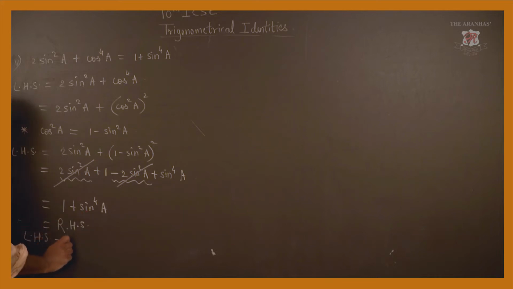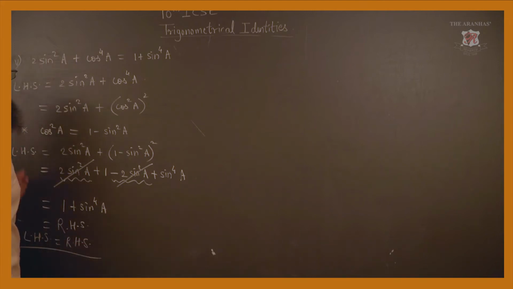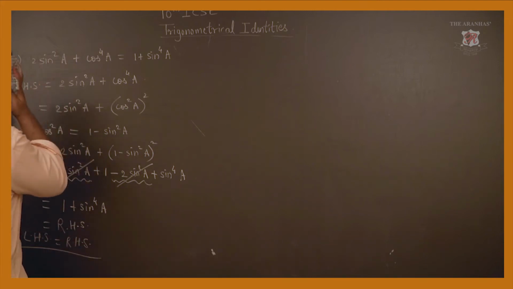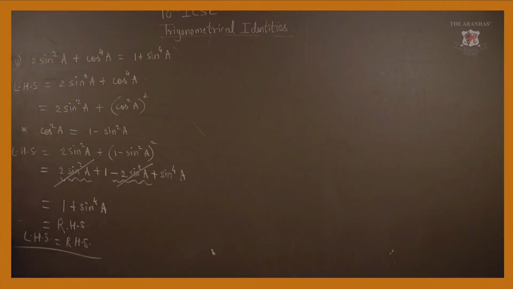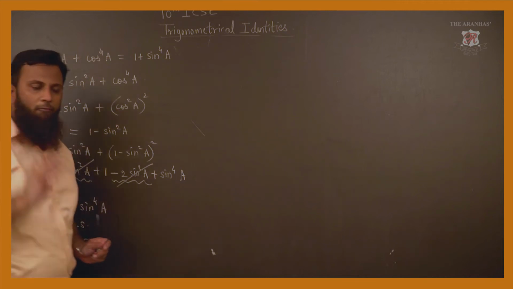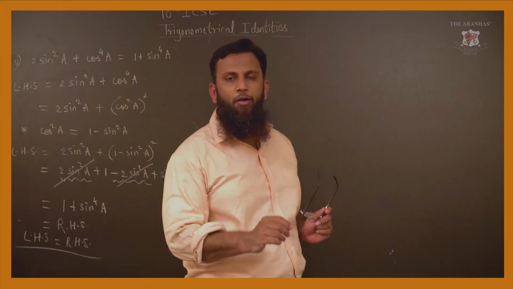So, LHS is equal to RHS. So, if you observe, dear students, the questions, they appear to be difficult with higher powers, but in fact they are very, very easy to attempt.